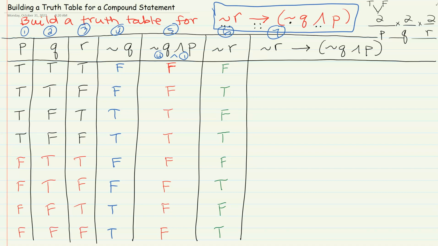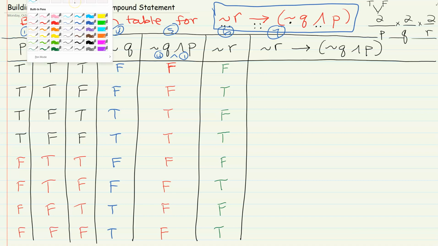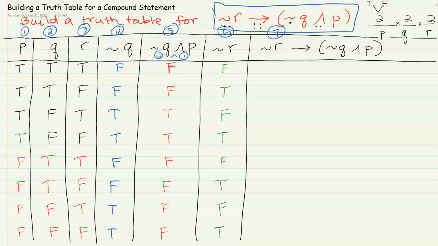All right. Now the final result, and I am going to use purple for that. The final result is the connective if-then, and we are looking at column number 6 and column number 5. The arrow goes this way.